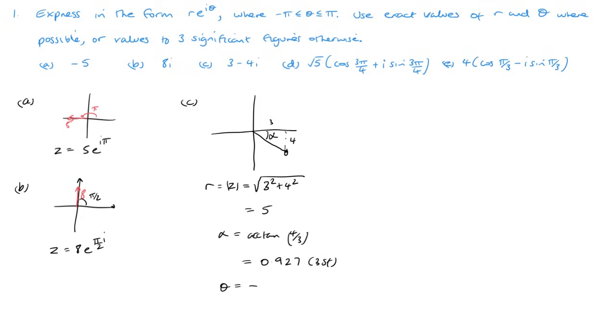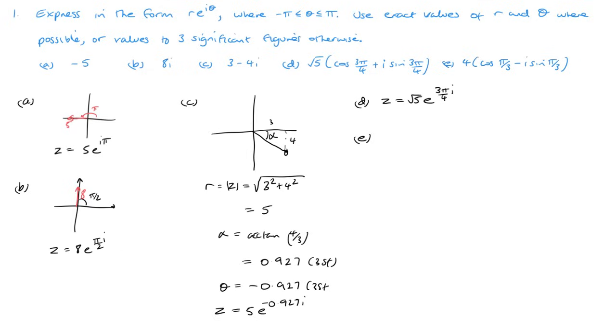That means theta is minus 0.927 to 3 significant figures. So z is 5e to the minus 0.927i. And this is simply z equals root 5e to the 3 pi by 4i.